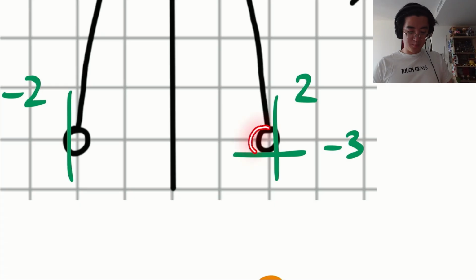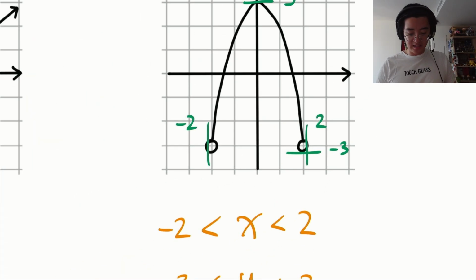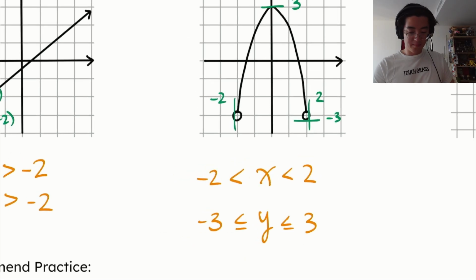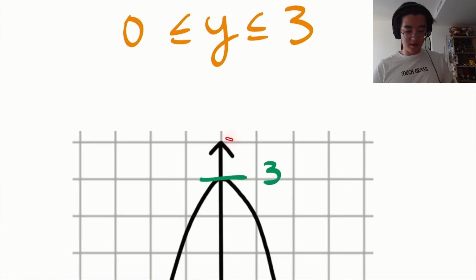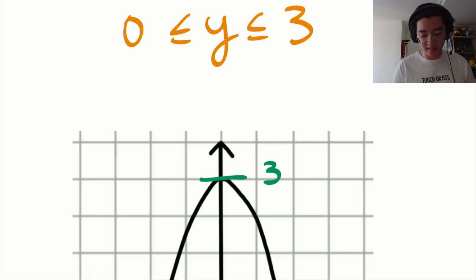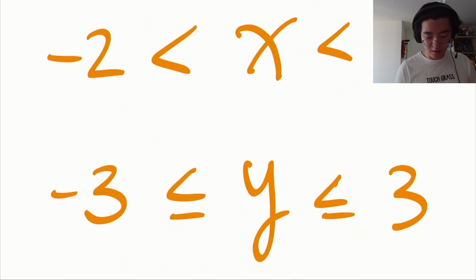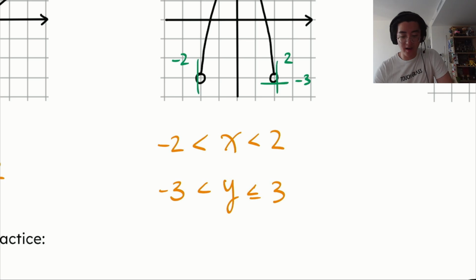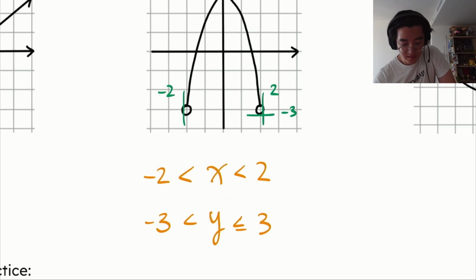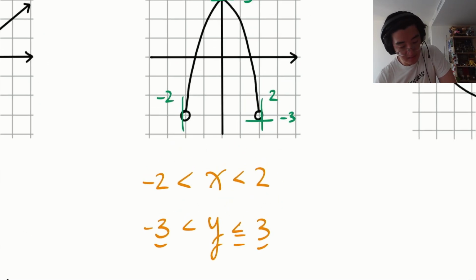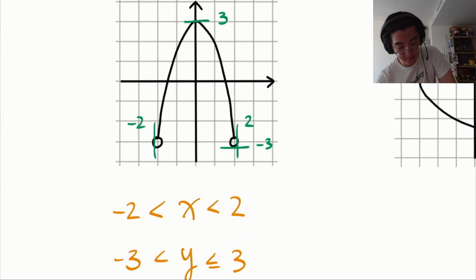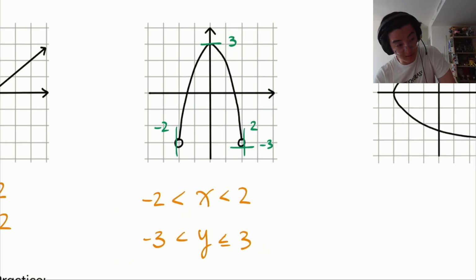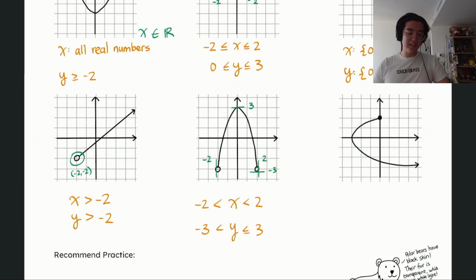This point does not include -3. Which means that y is still smaller than 3, because of course it's a solid line, so it includes the 3, but it is not equal to -3. So we have y is bigger than -3 because this dot is not included, but smaller than or equal to 3. Okay, tricky stuff.